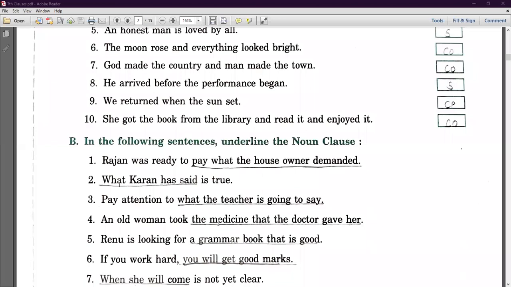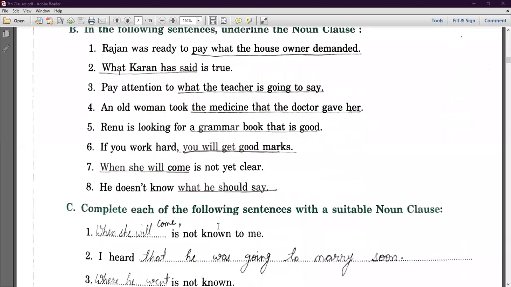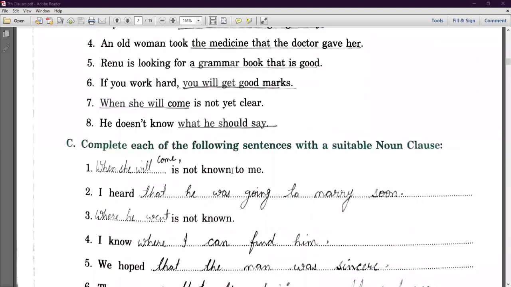Renu is looking for a grammar book that is good. A grammar book that is good. If you work hard, you will get good marks. You will get good marks. He doesn't know what he should say. What he should say.